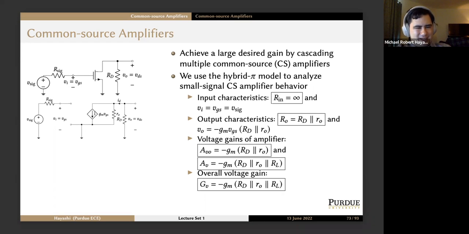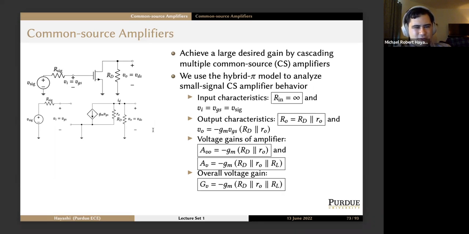It flows opposite it, so there's a minus sign out front. Don't get tripped up by that. So the voltage gain of the amplifier, AVO, is just VO over VGS, which is Vi, whenever we don't have a load resistance. So that's minus gm times RD in parallel with RO.